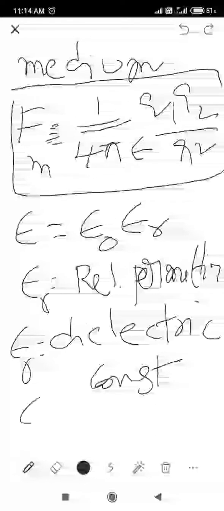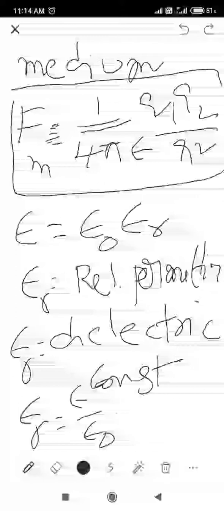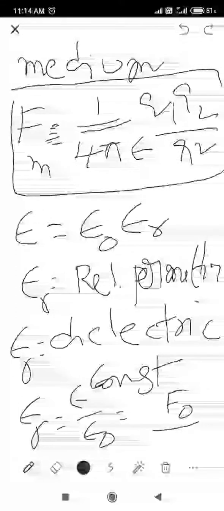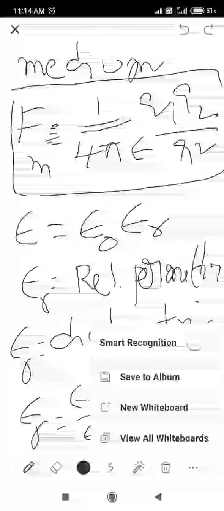So we can write epsilon r is equal to epsilon divided by epsilon naught. In terms of force we can write like this: F naught by Fm. Fm is force in the medium.